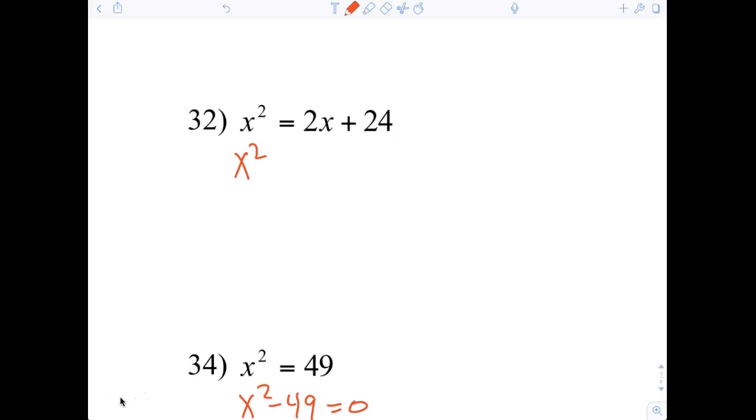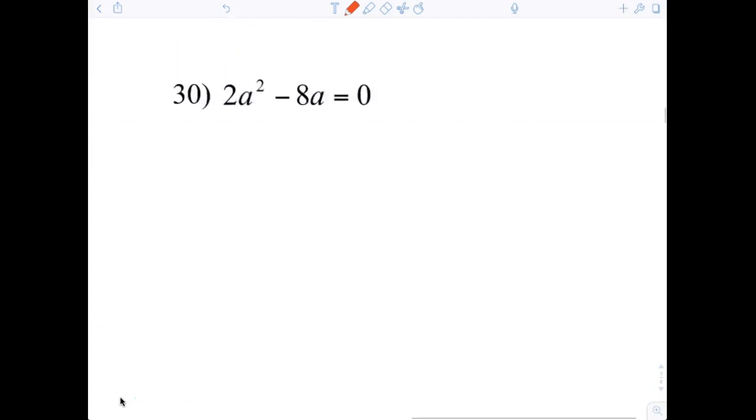You see how simple that is. So that's a mental thing. You're just picking up these two and moving them to the other side. Now remember, you also want to try to keep it in order. So it would be x squared minus 2x minus 24 equals 0. Is that good? All right. You guys can do that one.